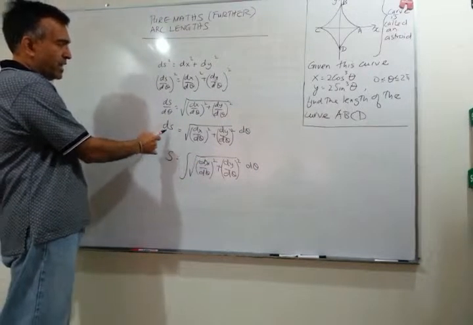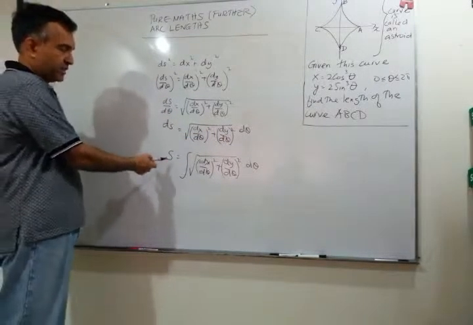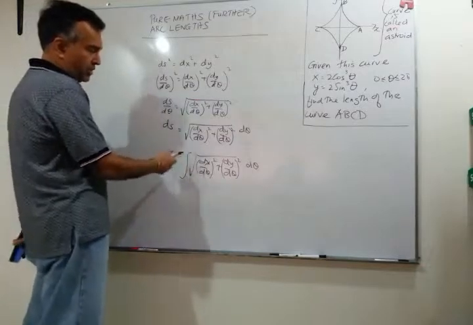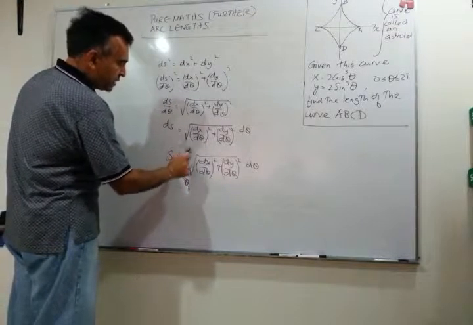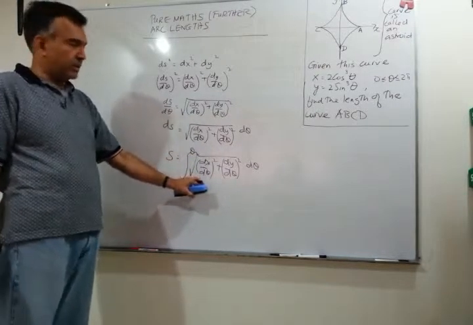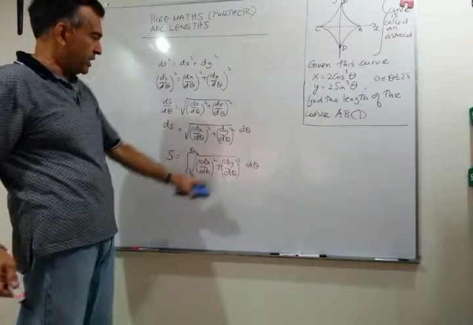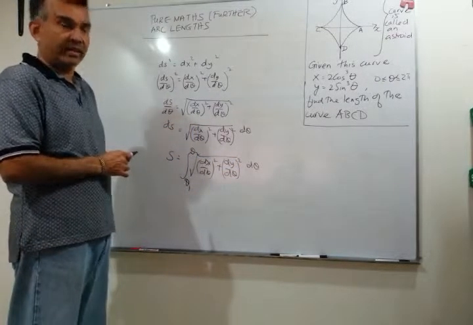Okay, so we have a ds and a d theta, so we can write our next line as s, the arc length, equals the integral from theta 1 to theta 2 of the square root of dx d theta squared plus dy d theta squared. This integral, I repeat, is with respect to theta.